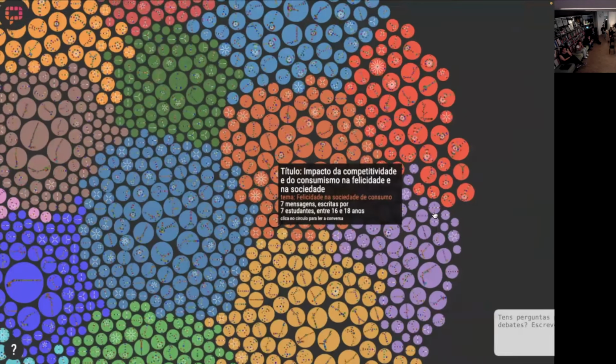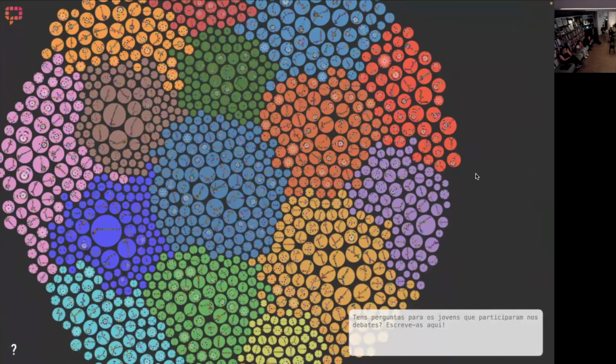So here, in the first tool that we built for this project, the colors mean different subjects that they were discussing. Among other subjects, there were misinformation, gender differences in school, but in life as well, the COVID, and many other very difficult, very complex, and very interesting conversations, right?